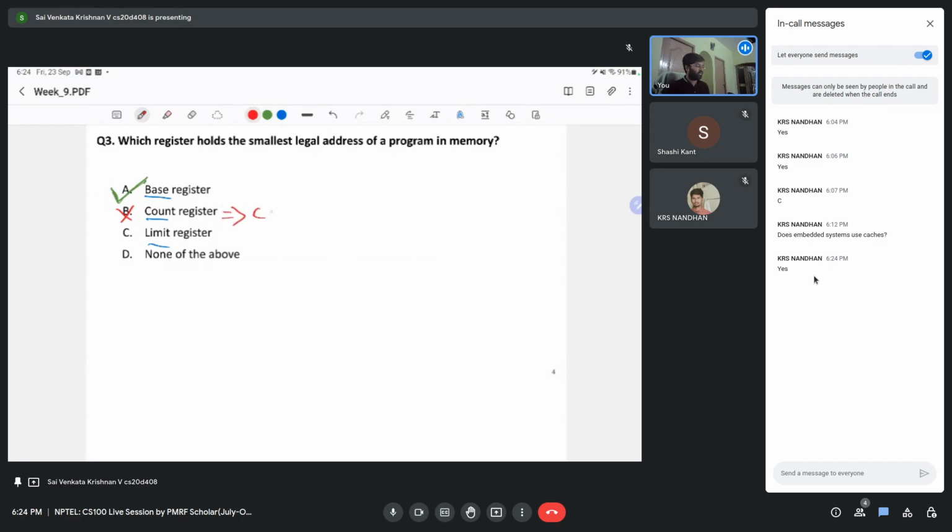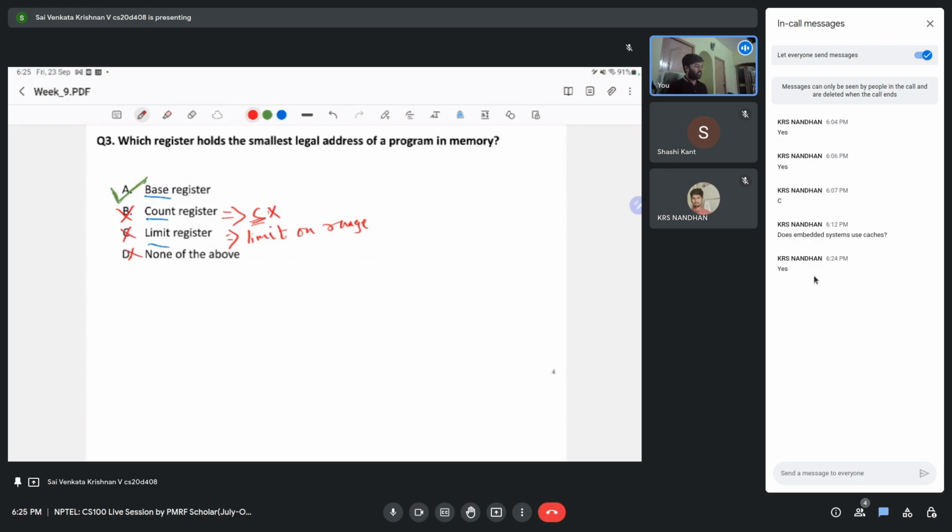You have the CX register in your x86 processor, that's like a count register. And the limit register is used along with the base register to have a limit on the range that is accessible by that segment or process. So option A is the correct answer.